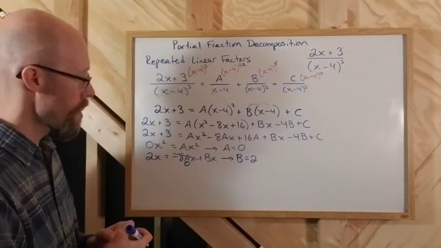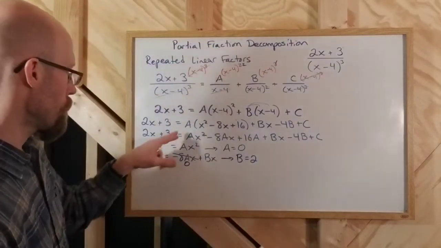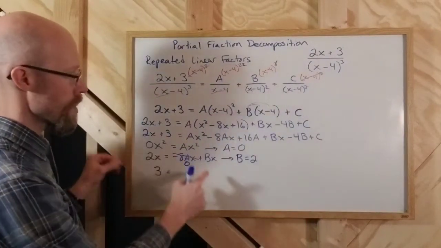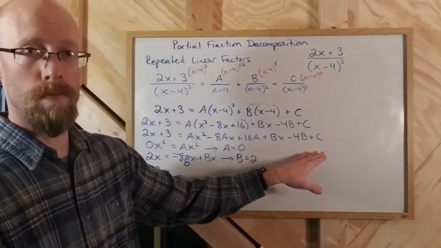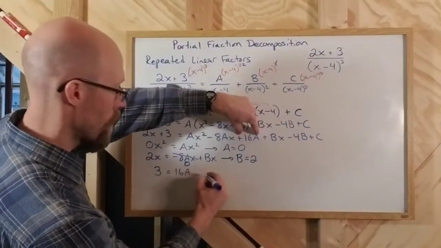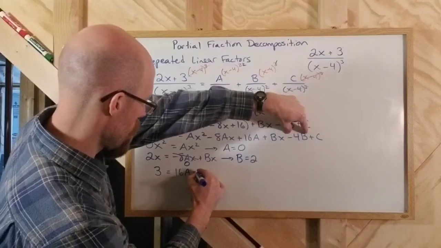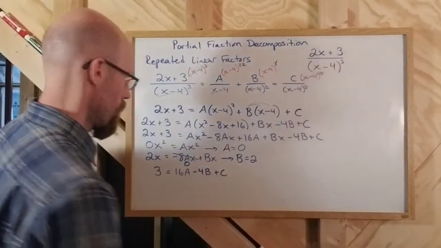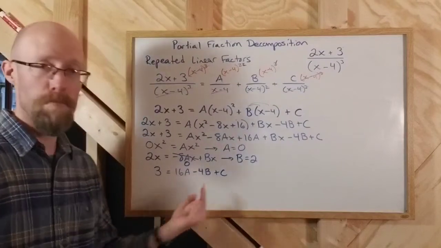That works. And then my constants, well, I have a 3 on the left. That has to equal the sum of all the constant terms on the right, which in our case are 16a, negative 4b, and c. But I already have values for a and b, right?